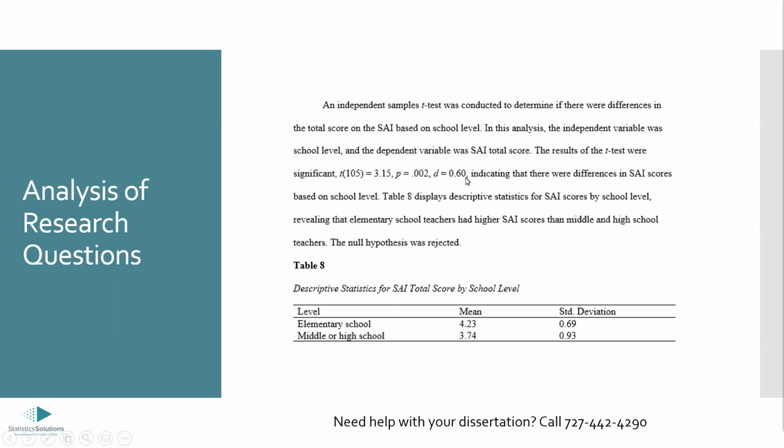We present our effect size, Cohen's d. We give an interpretation: our test is significant, which indicates that there are differences. And then again, we have a statement for our hypothesis. Because it is significant, we can say that the null hypothesis was rejected.